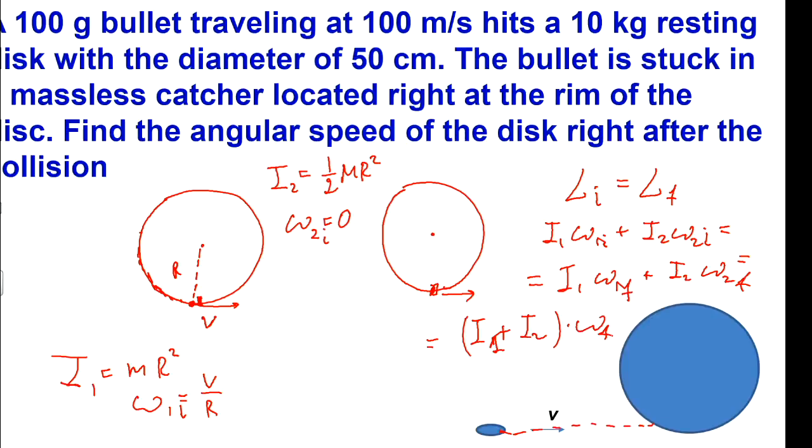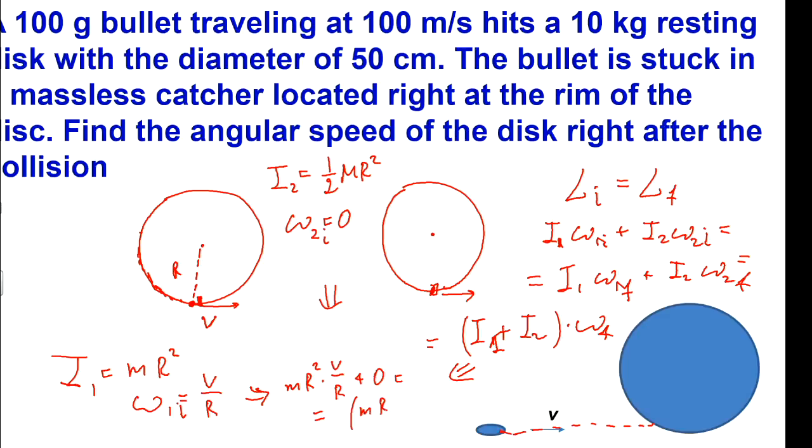So from everything we've used before to prepare the law, what should we write? mr squared. That's this term. Times angular velocity, which is v over r initial, plus 0, because the disk wasn't moving, should be equal to, well, what's the total combined moment of inertia?